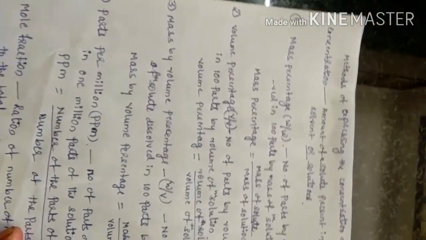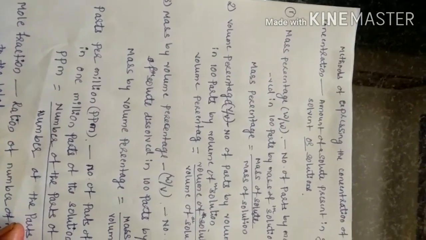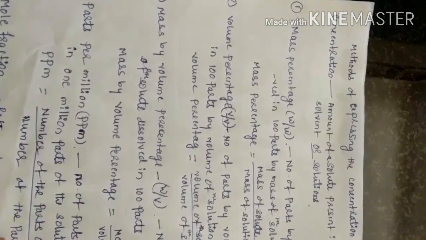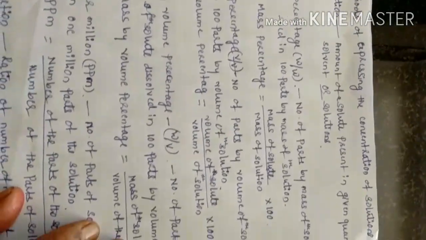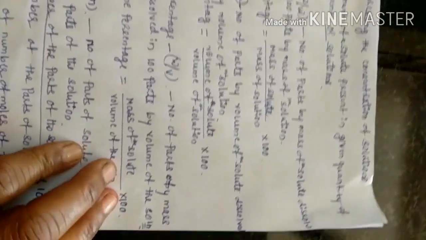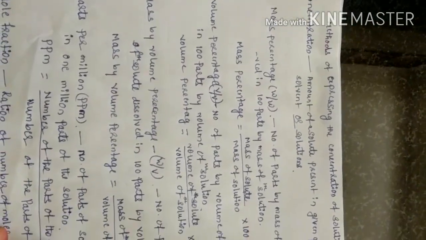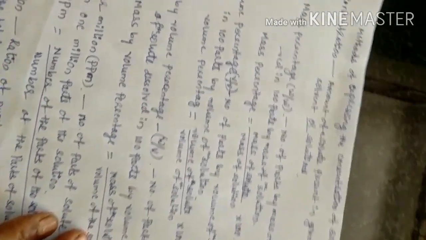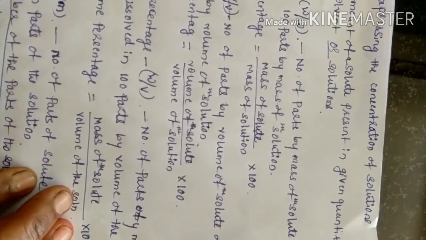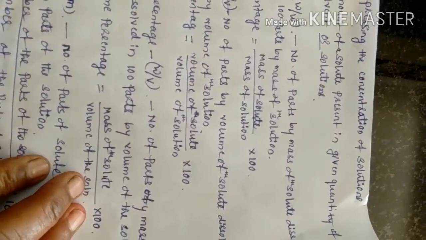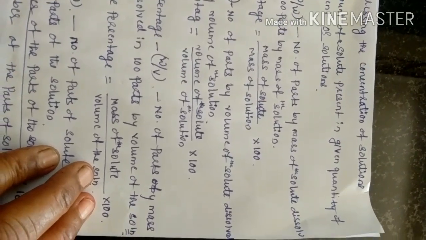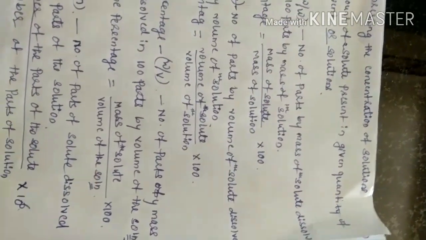Second, volume percentage method. Volume percentage is defined as the number of parts by volume of the solute dissolved in 100 parts by volume of the solution. Volume percentage equals volume of the solute divided by volume of the solution multiplied by 100.